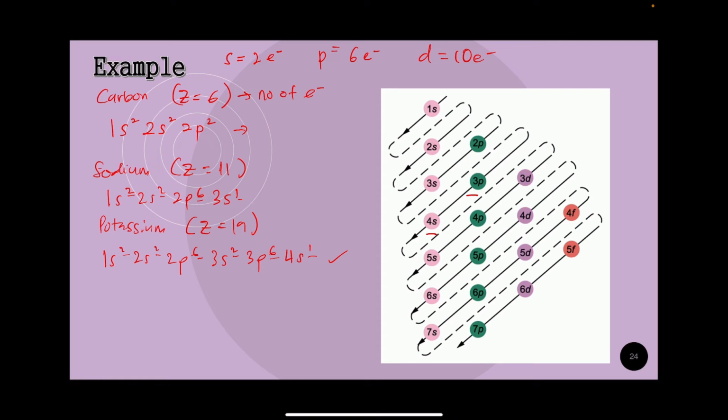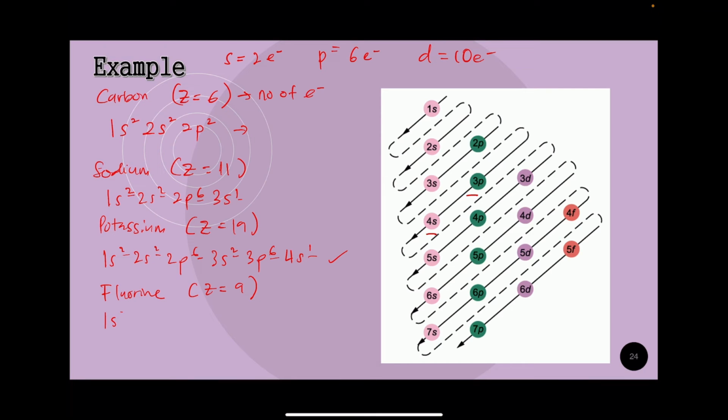And then another last example. Why don't we try fluorine, which has Z equal to 9.